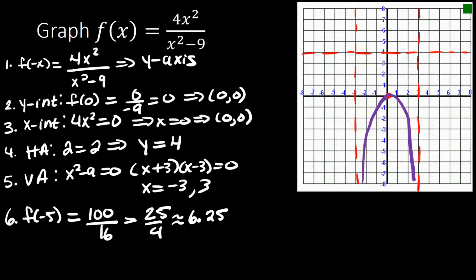So I have a point, negative 5 and 6.25. And because I have y-axis symmetry, the point 5 and 6.25 is also on the graph. So my graph is going to look something like this on both sides.